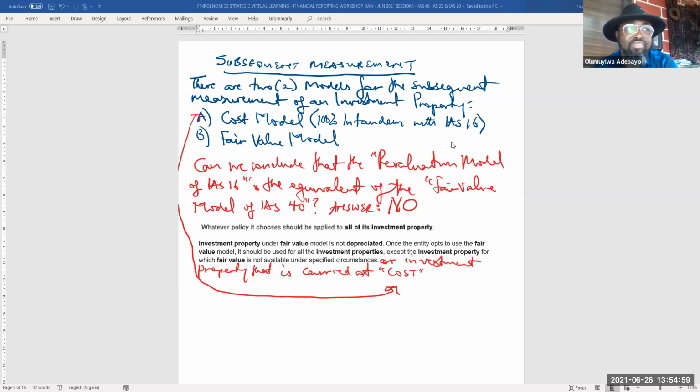You don't need to have an independent valuer. But sometimes in some jurisdictions, regulation of those jurisdictions may warrant you to use a professional so that you don't distort your financial position. An example of such a jurisdiction is Nigeria.